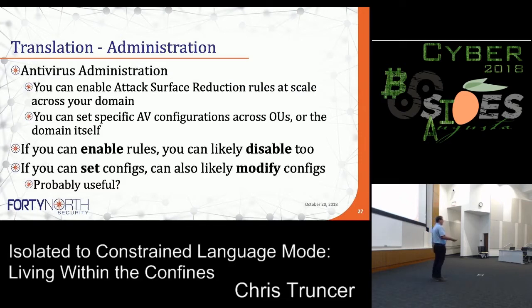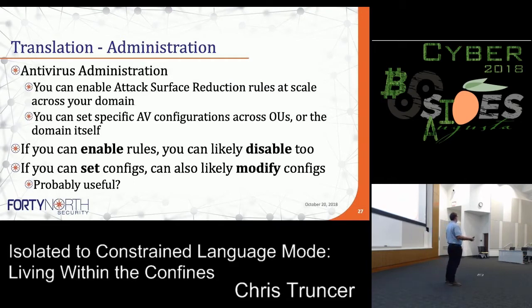But the only thing, and I think I talked about it in a couple slides, constrained language mode is useful to stop PowerShell, but if you don't enforce constrained language mode in addition to application whitelisting, then it's not super useful. Let's say I wrote malicious PowerShell code and you wrote it in C# and you have PowerShell run that.